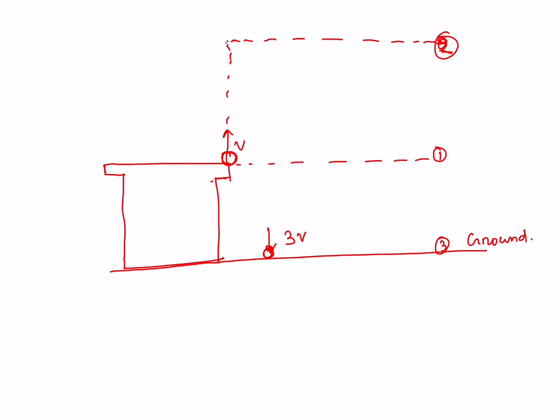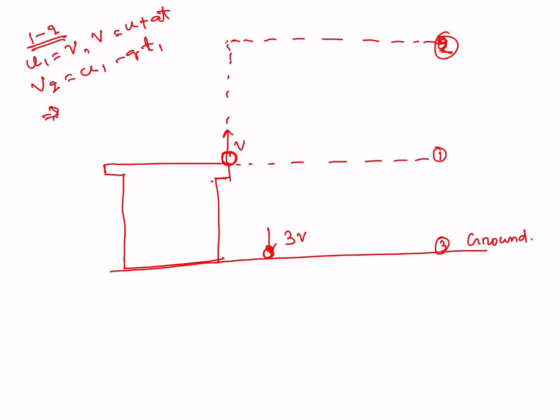Then from 1 to 2, we will calculate. Let u1 equal to initial velocity v. v equal to u plus at, we will apply here. So v2 at point 2 is u1 minus g t1, because it's going against gravity, so minus g.